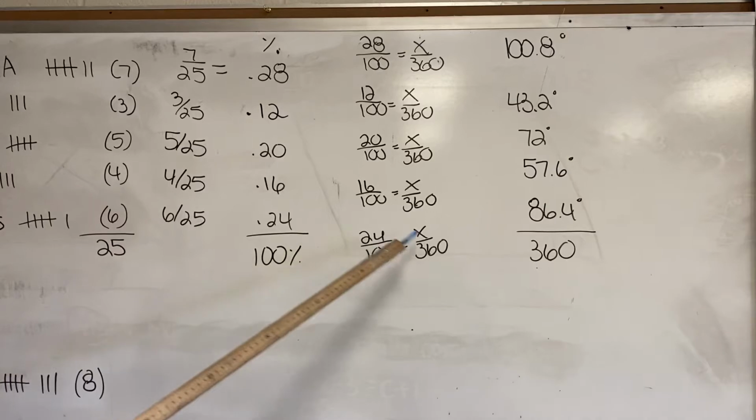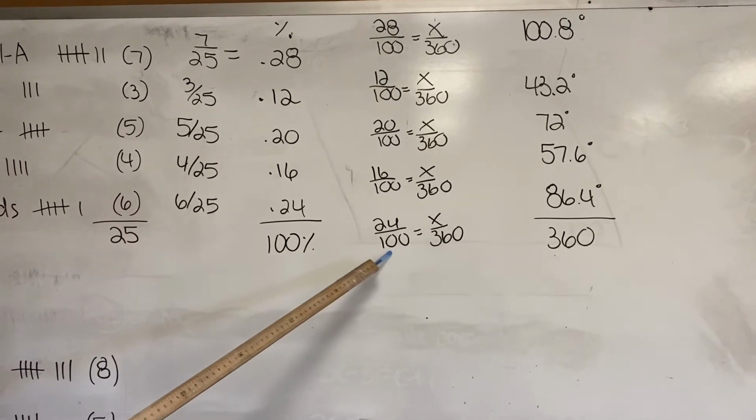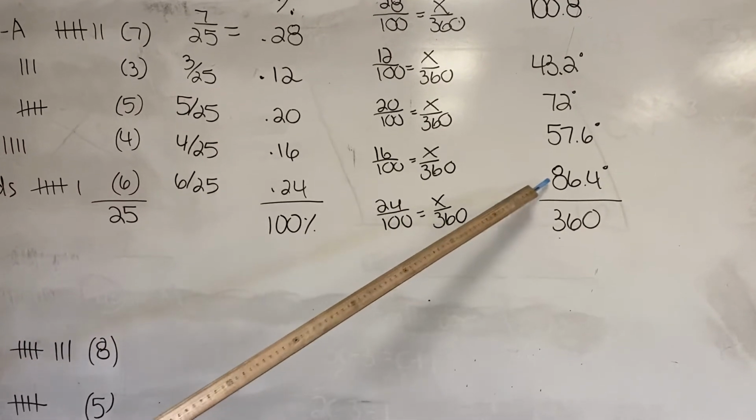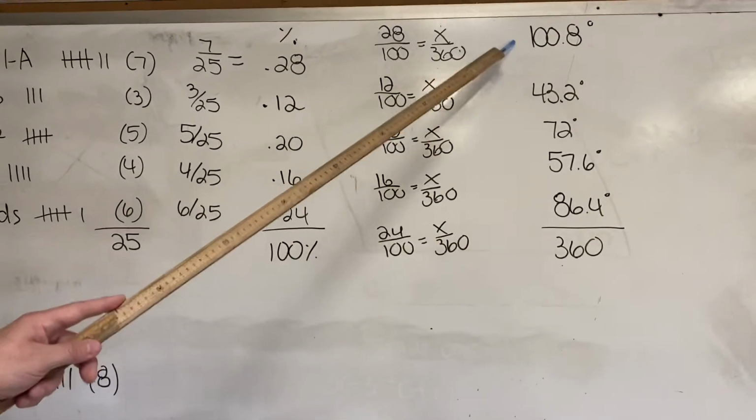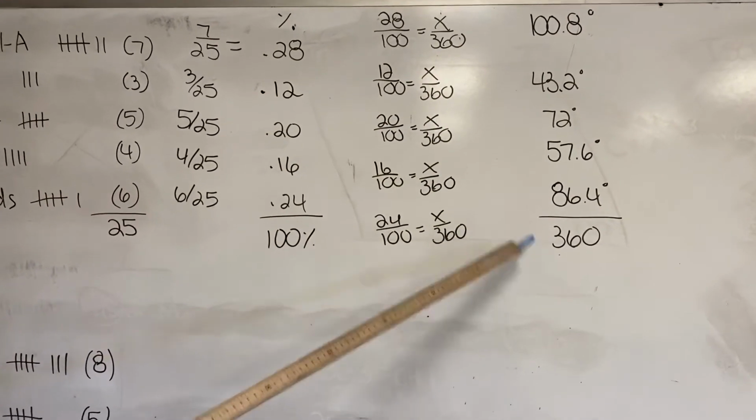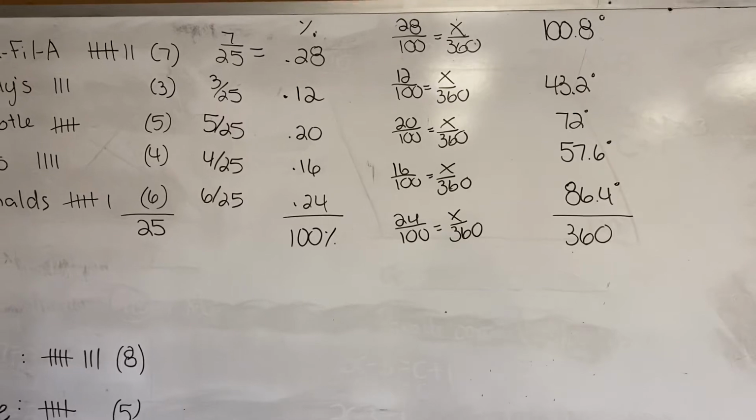And 24 times 360 divided by 100 is 86.4. If I add up all of these, we're at 360 degrees, exactly what our target is.